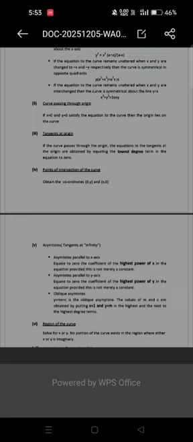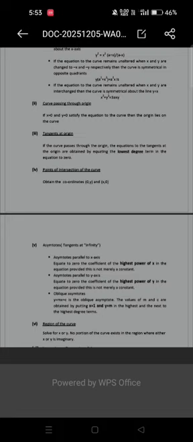For asymptotes parallel to the x-axis, equate to 0 the coefficient of the highest power of x in the equation, provided this is not merely a constant. For asymptotes parallel to the y-axis, equate to 0 the coefficient of the highest power of y in the equation, provided this is not merely a constant. Oblique asymptotes: y equal to mx plus c is the oblique asymptote.